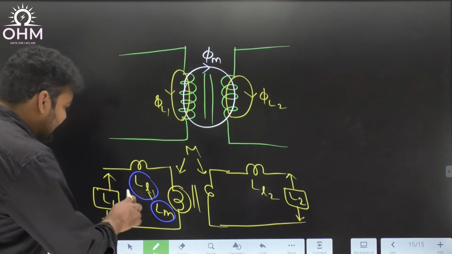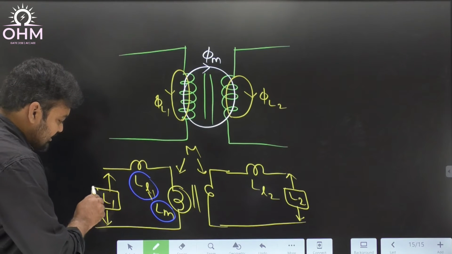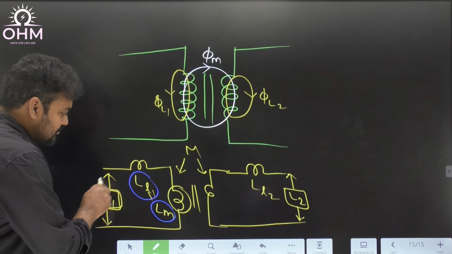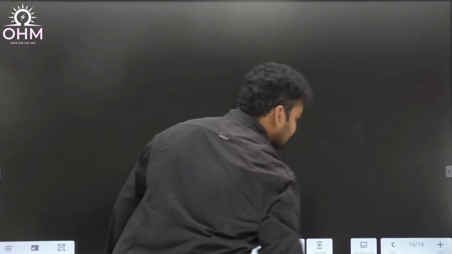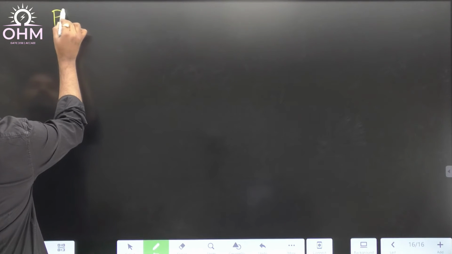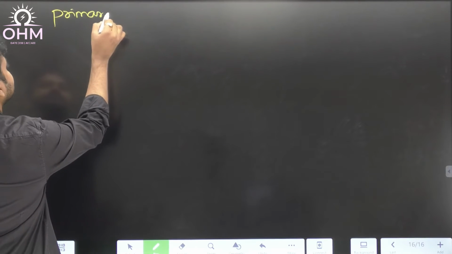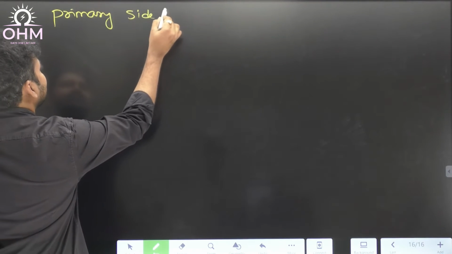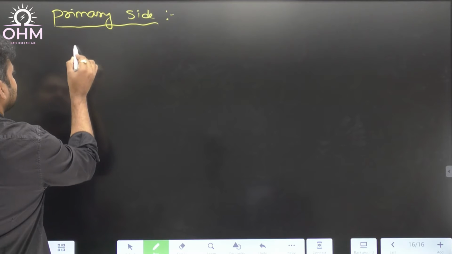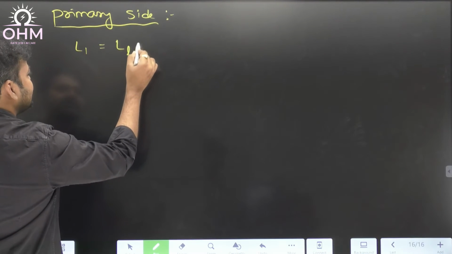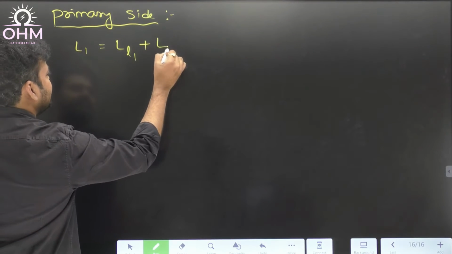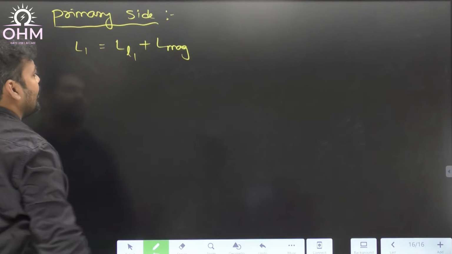Okay, so if I apply the KVL equation here, the total inductance L1 is equal to leakage inductance plus magnetizing inductance. So I am doing the primary side first. Total inductance L1 is equal to leakage inductance on primary plus magnetizing inductance on primary.